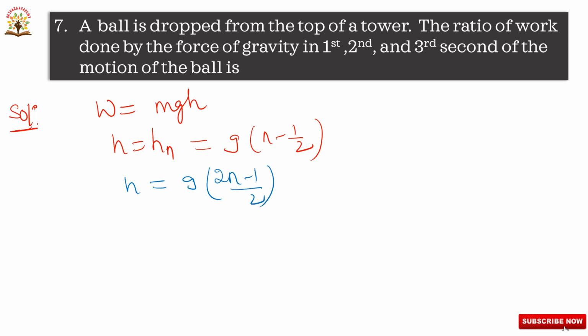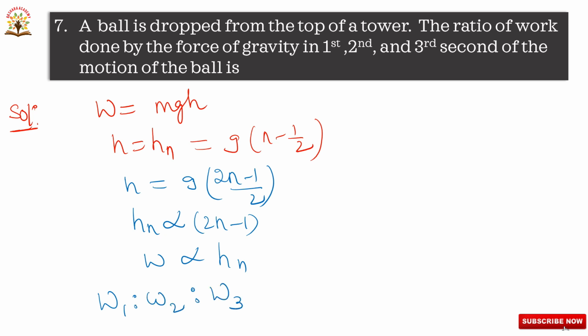So Hn is directly proportional to 2n minus 1. So work done is also directly proportional to Hn. So the ratio of work done by gravity, W1 is to W2 is to W3, is equal to H1 is to H2 is to H3.